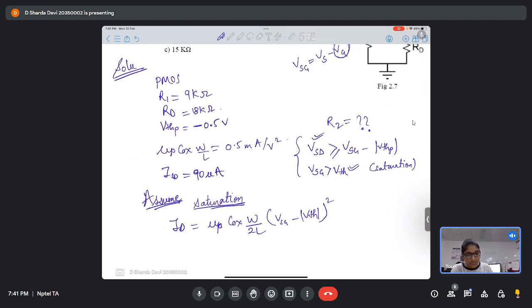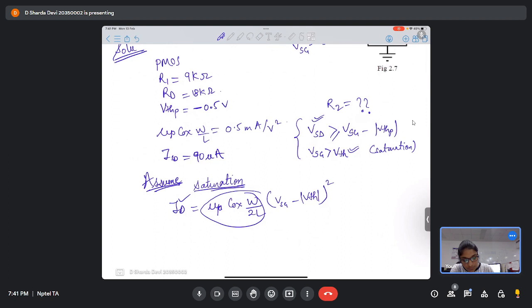This is the formula, right? You know ID, you know this term, you know Vs, you don't know Vg, and VTH you know. By solving this you'll get the values for Vg. Since it is quadratic, you'll get two values for Vg. Can you quickly solve and tell me?